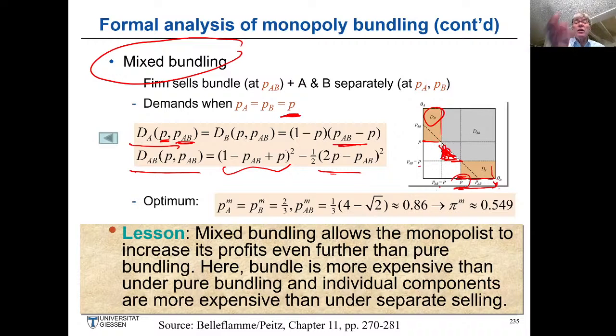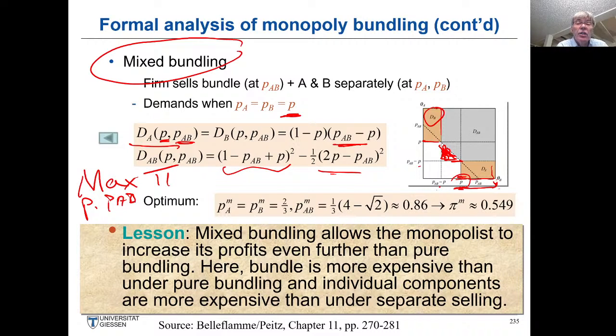Anyway, you can calculate it however you like. The important point is you get demand functions. And once you have demand functions, you just set up the profit. Here you would maximize your profit by choosing P and P_AB. You assume that P_A is equal to P_B. The individual prices will be a result anyway, as everything is symmetric here.